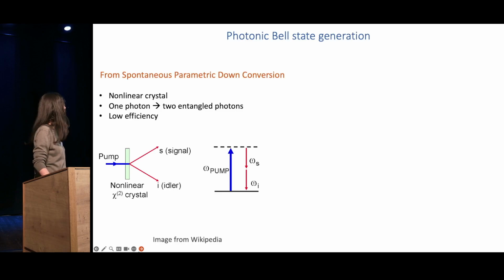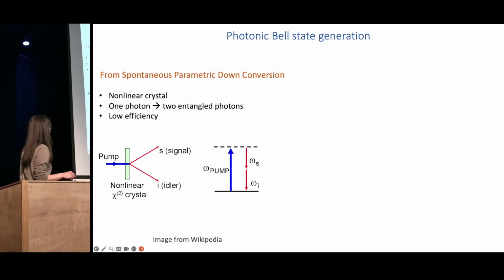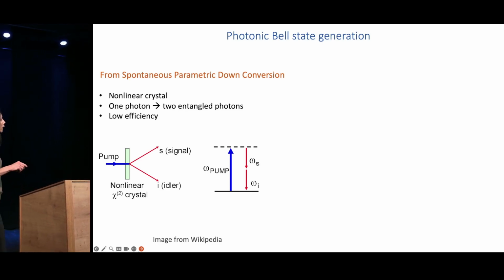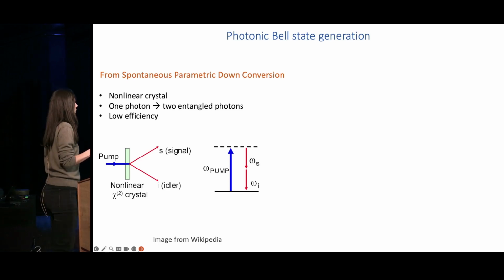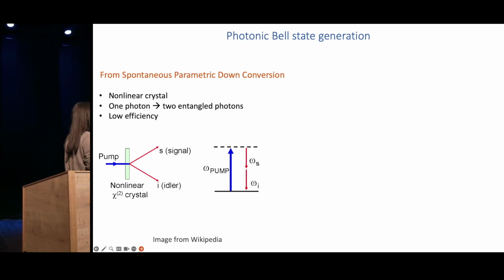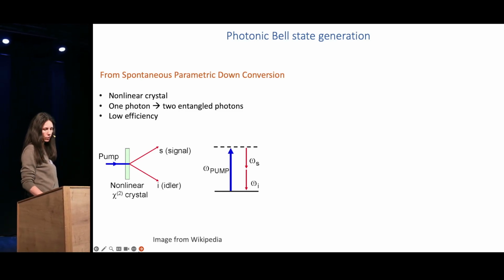So why? One of the problems is how to create entangled states of photons. One way is to use some nonlinearity, some matter qubit, where I pump it in a way and I create an entangled pair. There are many variations of this.